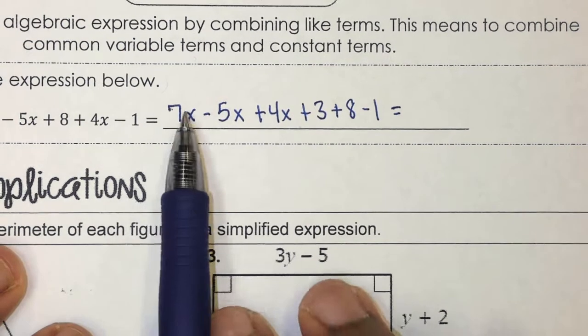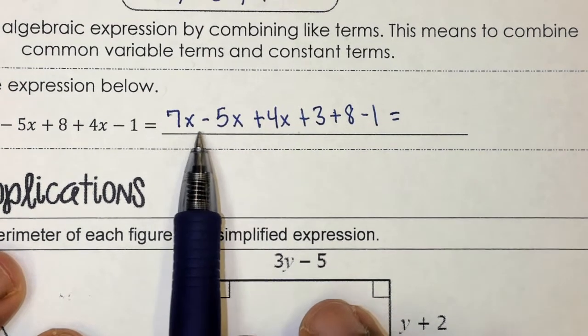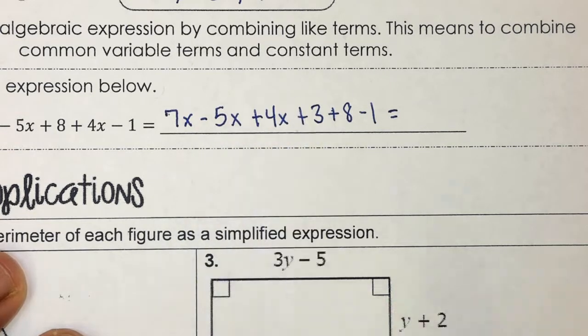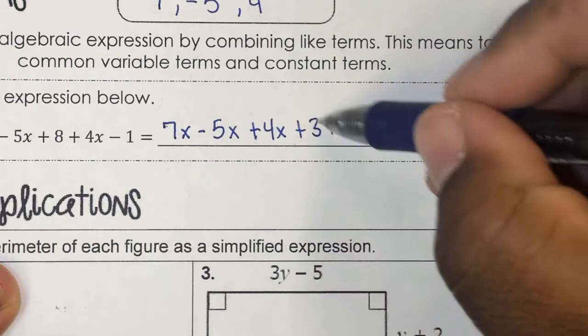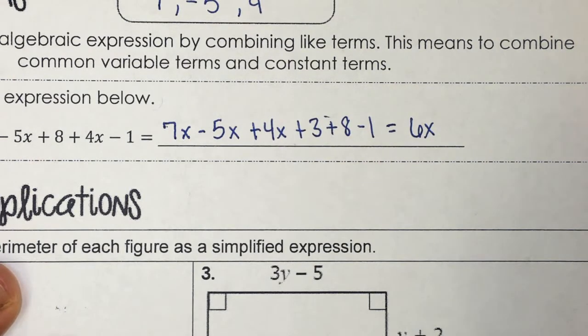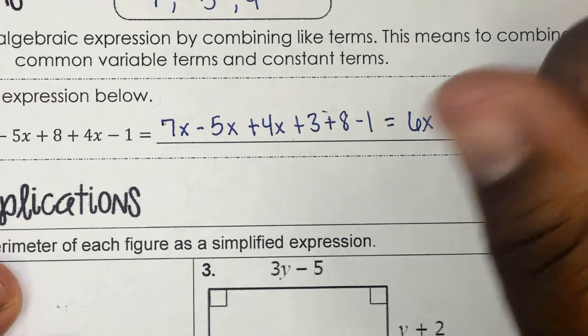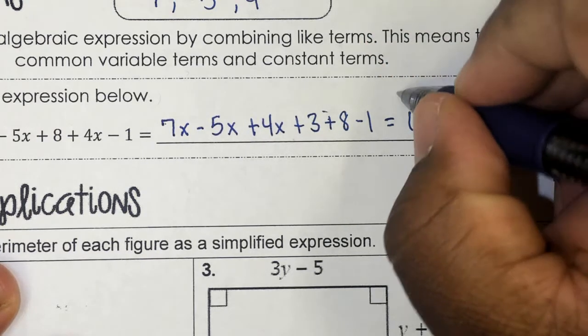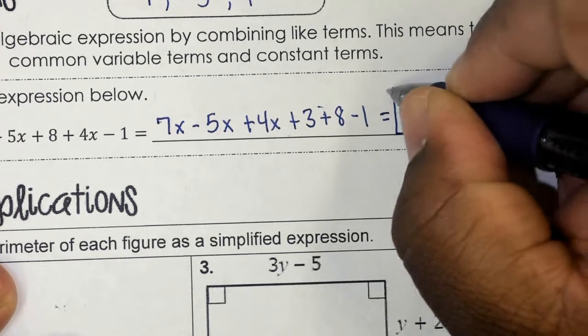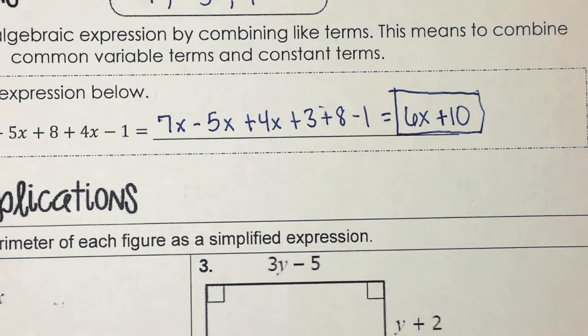So my variables: 7 minus 5 is 2, plus 4 leaves me with 6x. Then 3 plus 8 is 11, minus 1 leaves me with positive 10. So when I group and combine my like terms, my simplified expression is 6x plus 10.